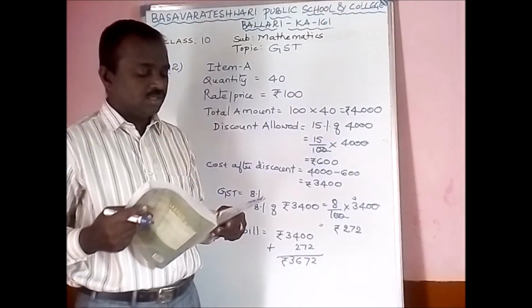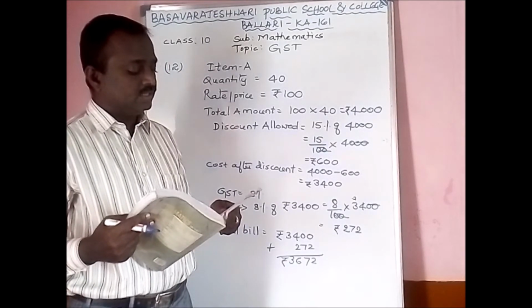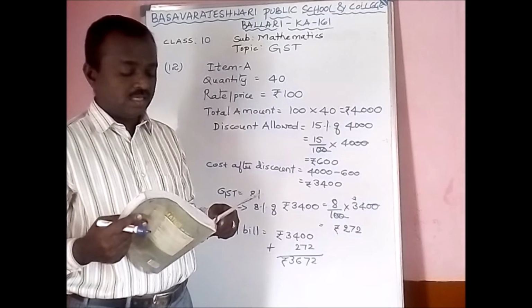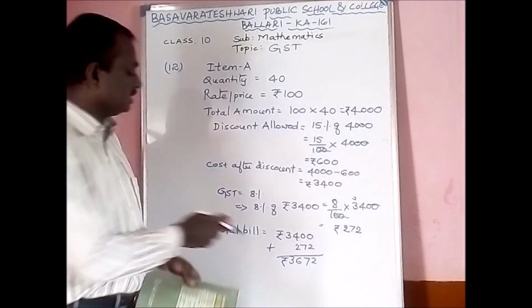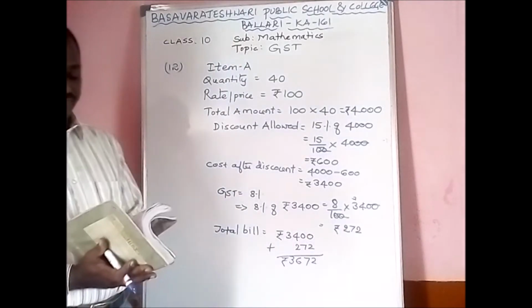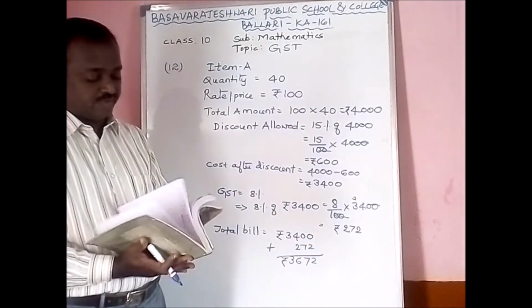Like that, you have to find out the bill for B, C and D. Then finally, you have to add all these total amounts. So what is the final answer you will get? I will tell you the final answer.